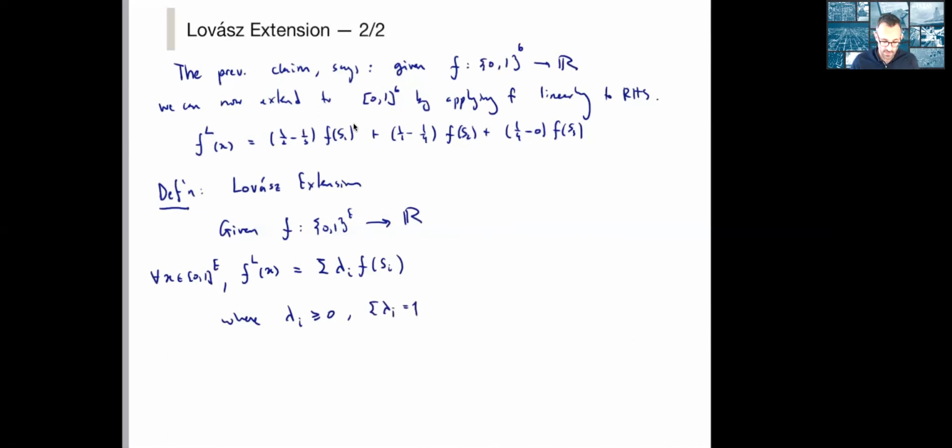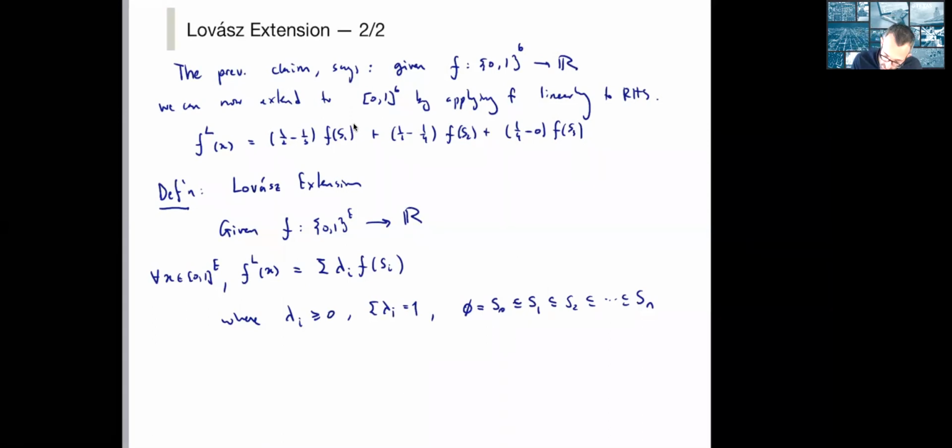In other words, this is a convex decomposition, and the sets S are all nested, however many there are. For us, these are the values lambda 1, lambda 2, lambda 3, and lambda 4 equal to 0, and the sets we gave on the previous page.